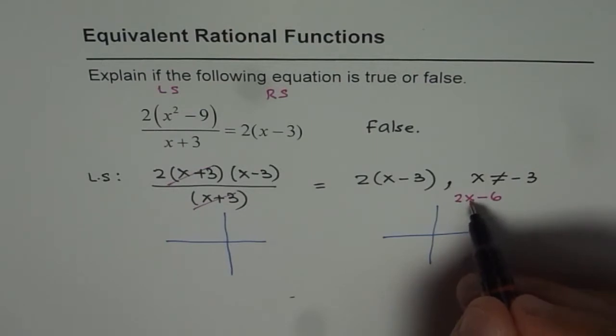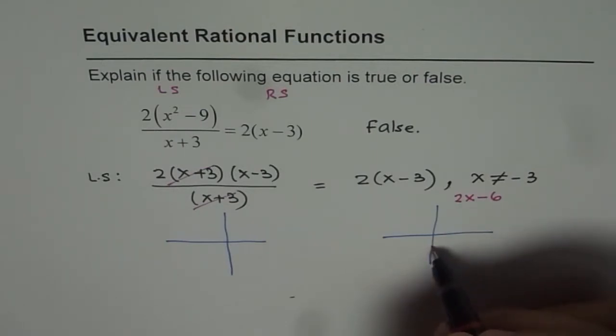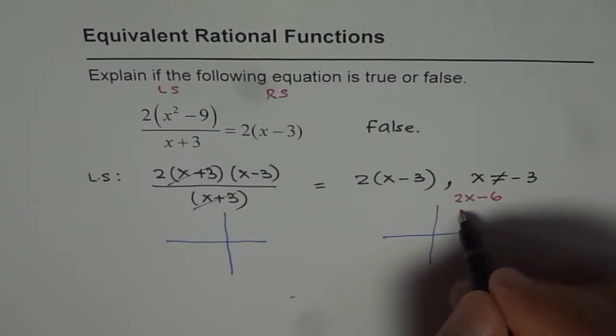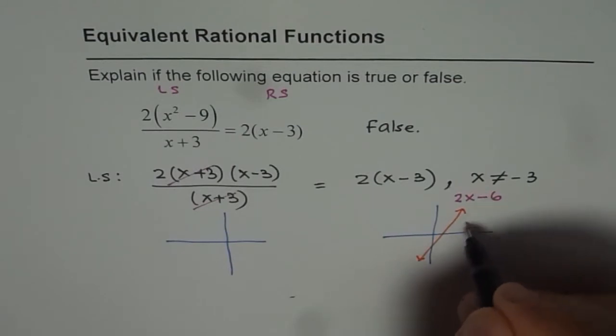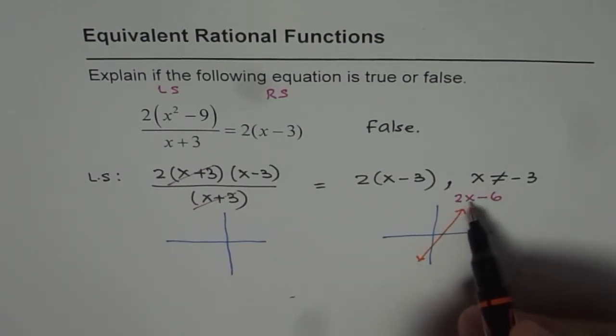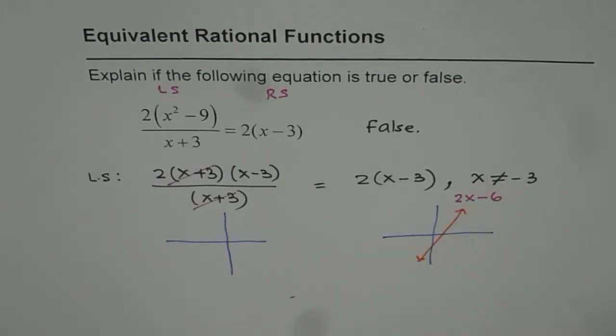So if I write x equals 0, I get minus 6. So that means a line which is kind of like this. So this line represents 2x minus 6.